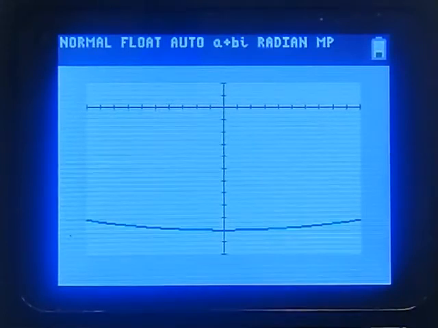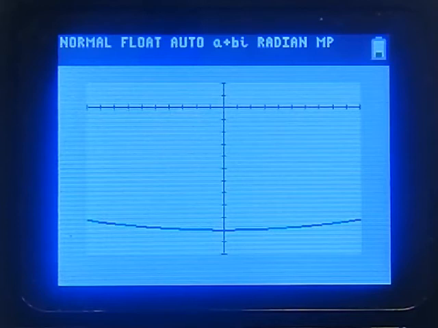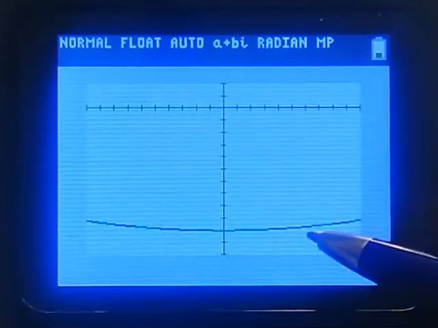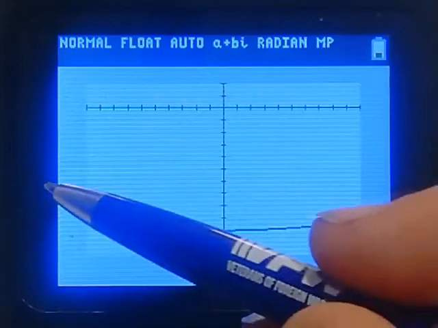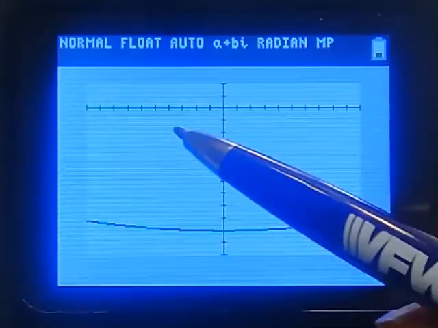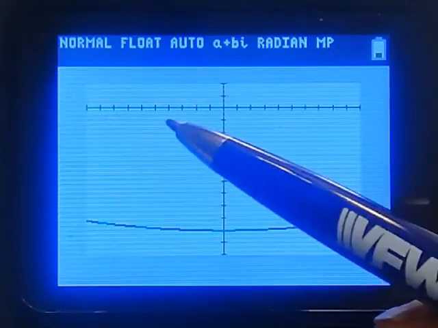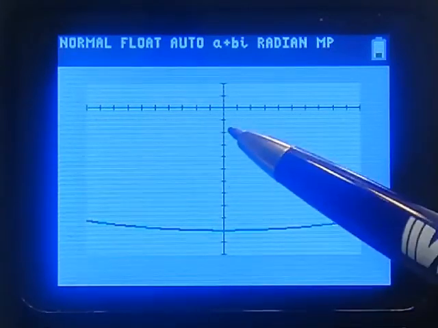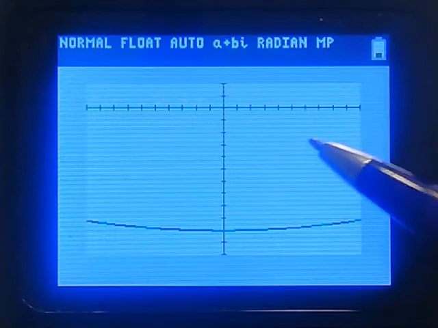Now, remember, we're trying to solve this, and I need to know where it crosses the x-axis. Well, it looks like it's going north here, and here it looks like it's going north too. But I don't actually care about this back here because this is going back in time. I want to go forward in time.